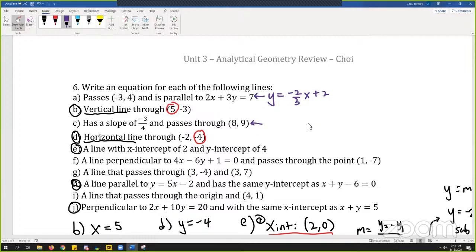For question C, you should have gotten this. The slope is negative 3 over 4, and it passes through (8, 9). The only thing you had to figure out was the y-intercept. So you should have gotten y equals negative 3 over 4 x plus 15.